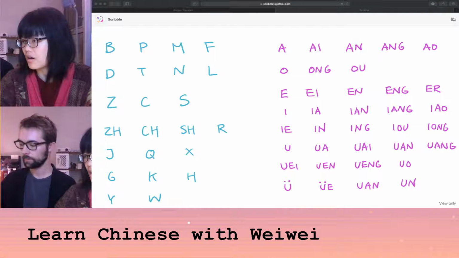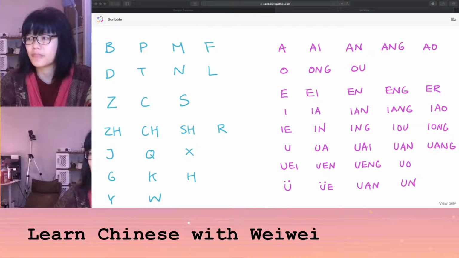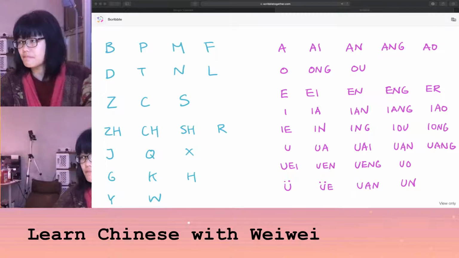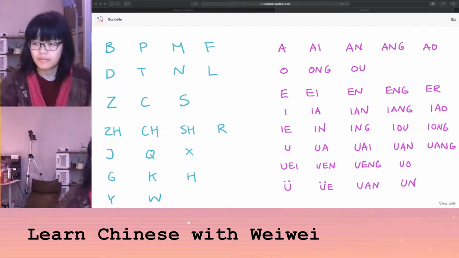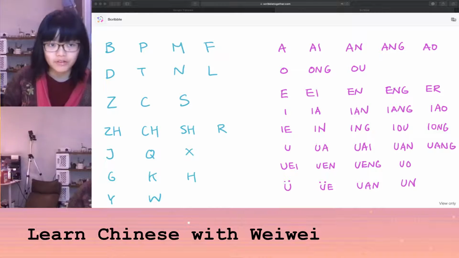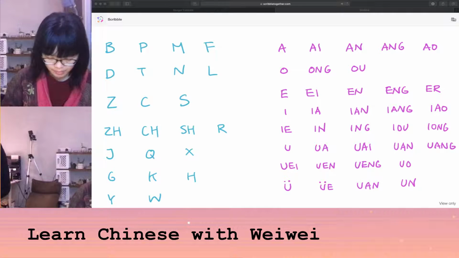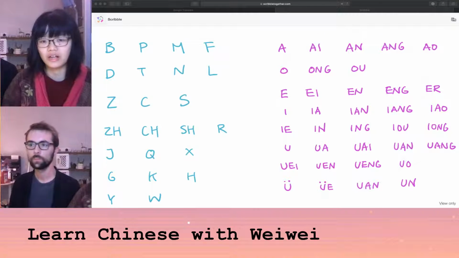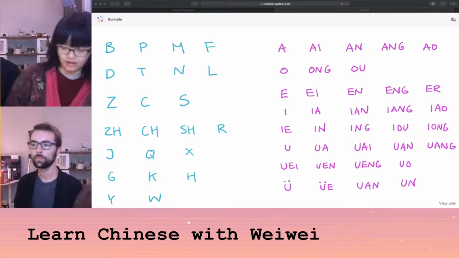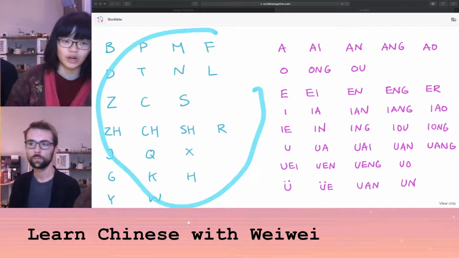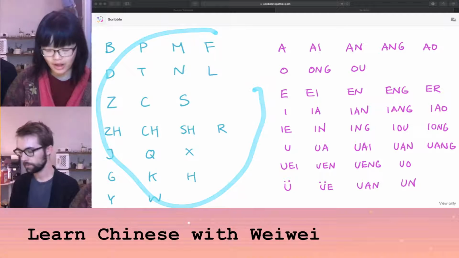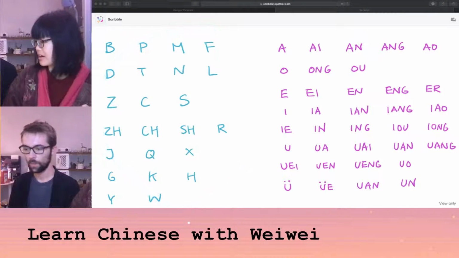Let's start with some of the basics. Here we have everything you'll ever need to type out when you're spelling a Chinese character. On the left, the blue ones are characters that are the prefix, right? Yes, prefix.